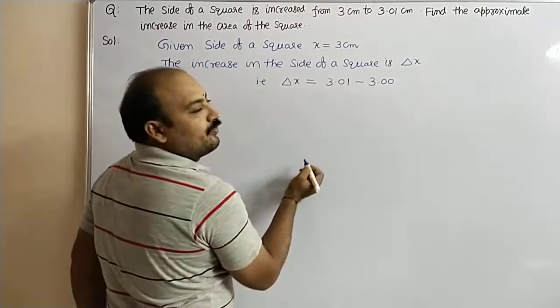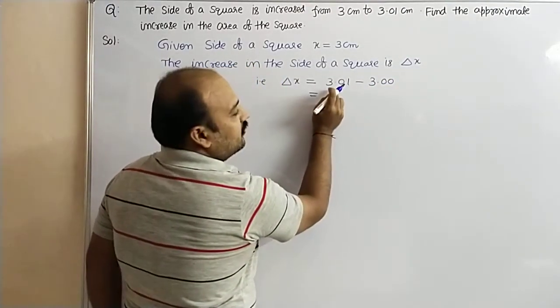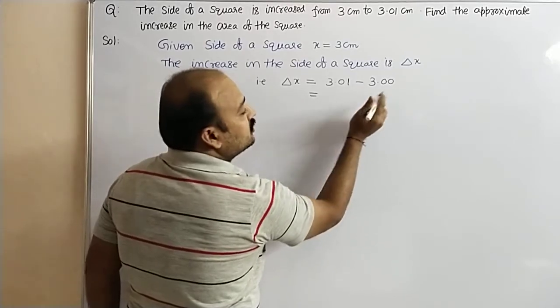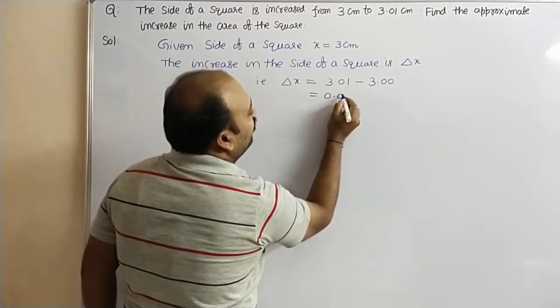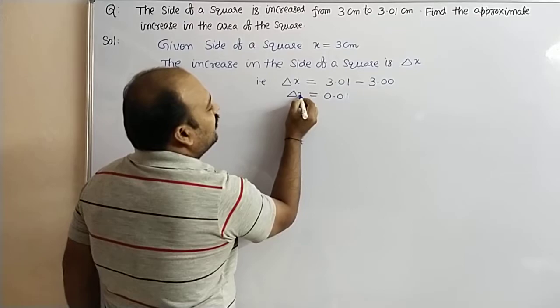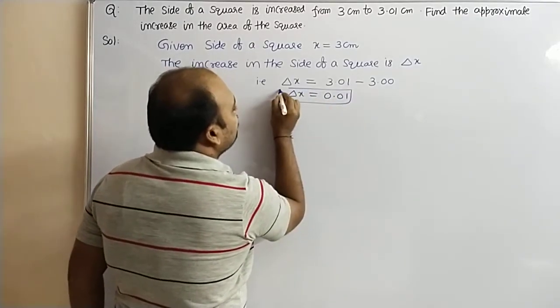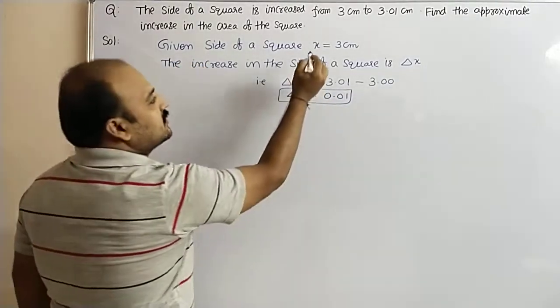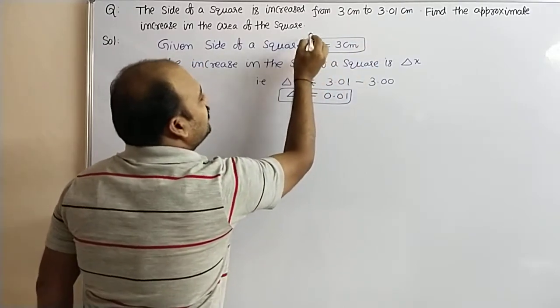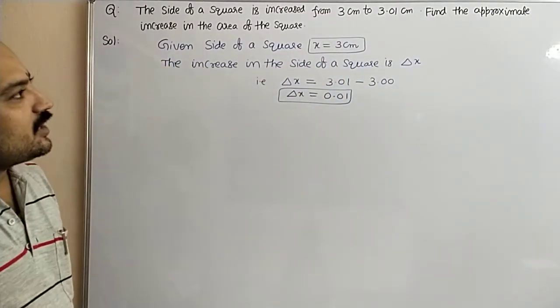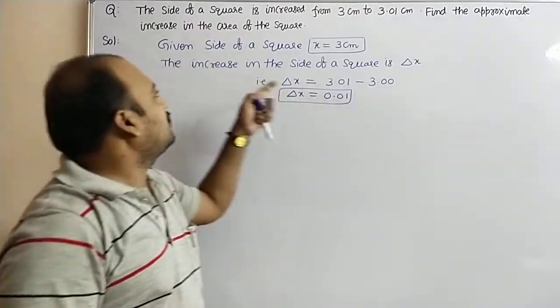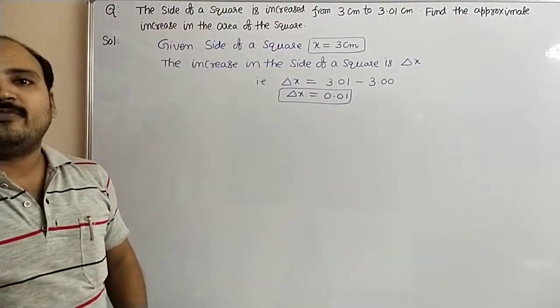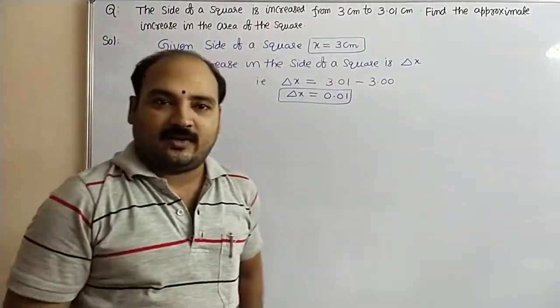So subtracting 3.00 from 3.01, it becomes 0.01. This is the increase in the side of the square, and x is equal to 3 centimeters. Side of the square is 3 centimeters. They are asking to find the approximate increase in the area, that means delta A.